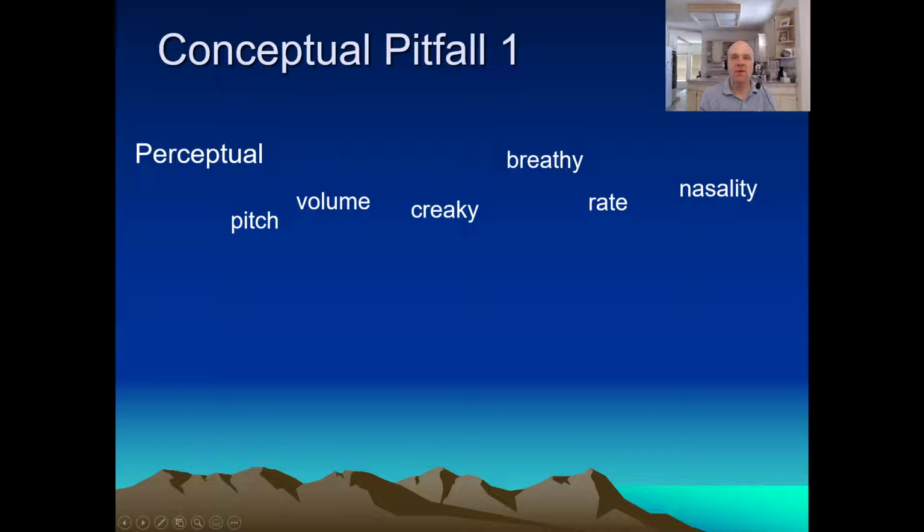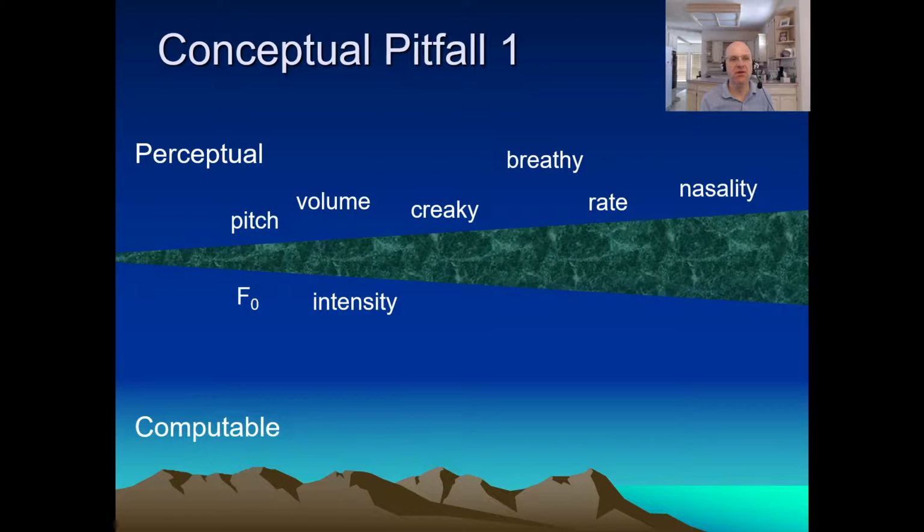There's also 2 big conceptual pitfalls. So here are some of the perceptual features we talked about earlier. Now, for some of them, on the computational side, there are good corresponding features, pitch and F0, volume and intensity. But still, there is sort of a gap, a deep, dark forest of confusion, microprosody, effects of noise.